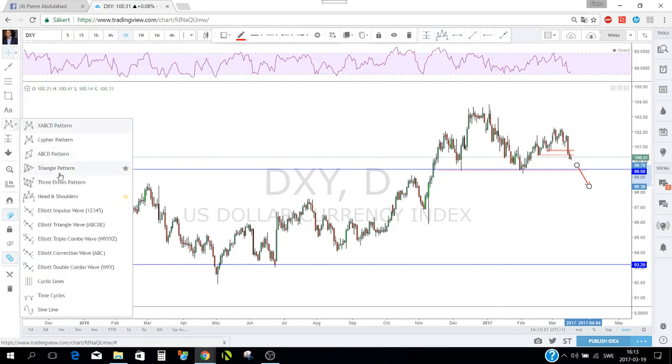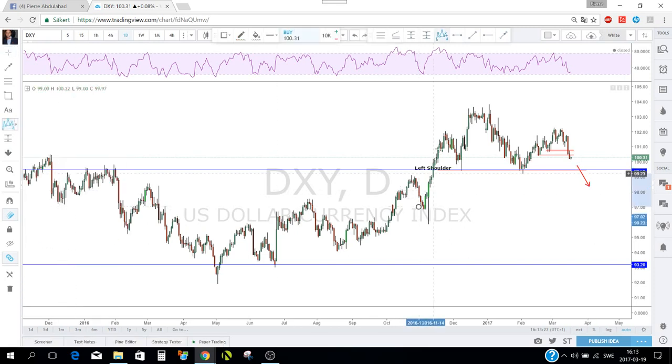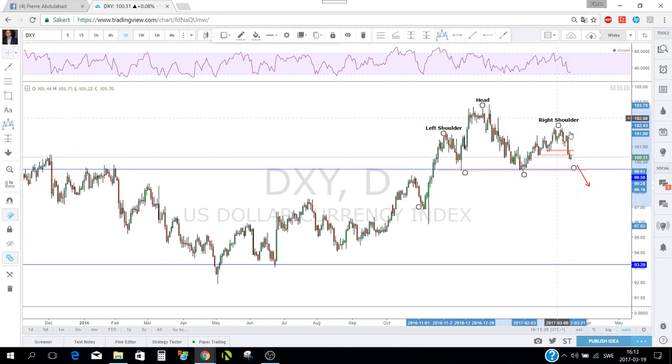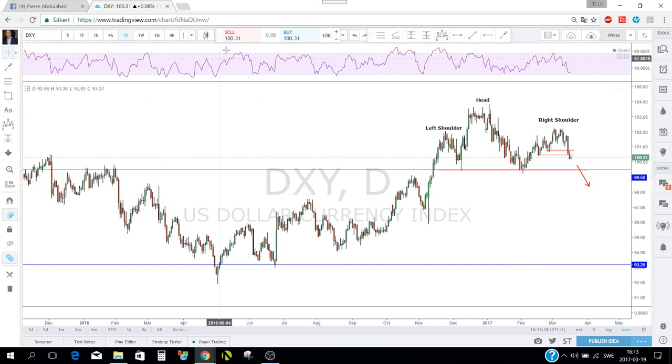Many of you maybe heard me talking about this head and shoulder possibility before, but this will not be confirmed before a break of this structure here, yeah. And if that happen, then there is much possibility for more to the downside, and will give us also maybe a possibility for an AB equals CD move to the downside.